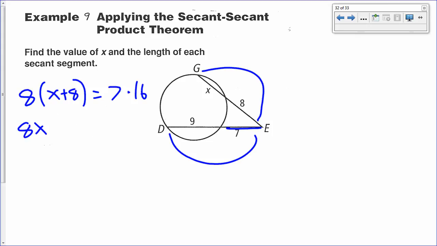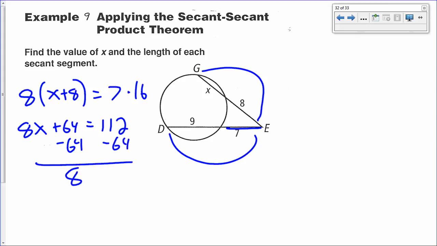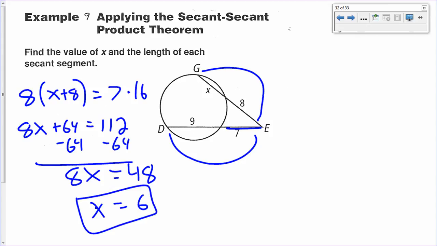So we get 8x plus 64 when you distribute, equals 7 times 16, which is 112, if I'm not mistaken. And then subtract 64. 8x equals 48. We shouldn't need a calculator, but my brain's fried right now. X equals 6. Okay, and that's what you should get. X equals 6.